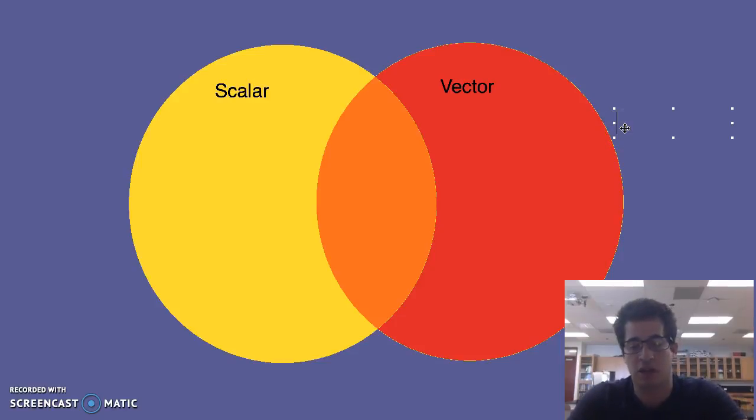So a vector is something that has direction. Let's change the color of this so that it will stand out. Okay. A vector is something that has direction. And so vectors have direction. Meaning, like, if we have a vector, let's go ahead and draw one.